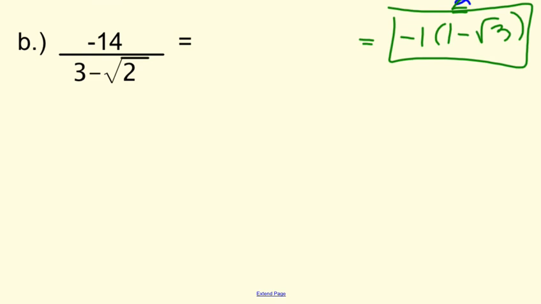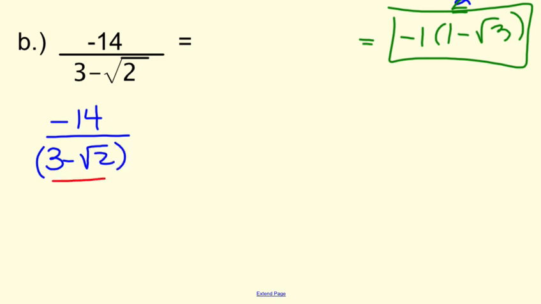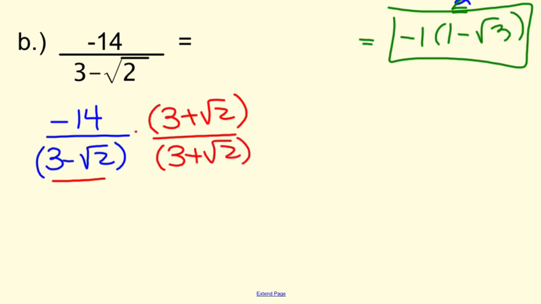All right, next example. Again, we're going to just write this problem again. Negative 4 over 3 minus the square root of 2. Now we're going to multiply by the conjugate of the denominator, the special one. So 3 plus the square root of 2. Now we're going to go ahead and multiply across.